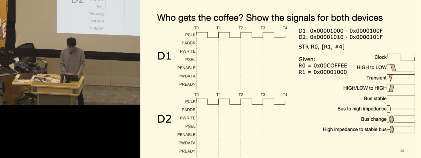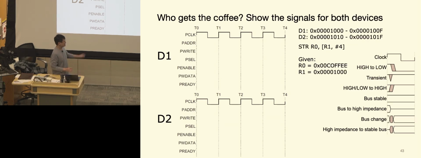Oh, wait, is T0 to T1 in first cycle? The lower is before the unstable or? Yeah, the lower one. All right.